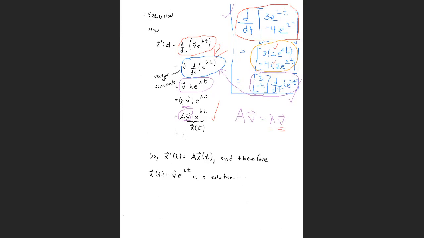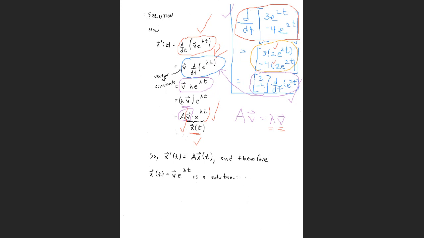But what is v times e to the lambda t? That was by definition x. That's our eigenfunction. So we took the derivative of the eigenfunction and we got A times the eigenfunction. That means that the eigenfunction, which is v times e to the lambda t, is a solution to the linear system of differential equations.